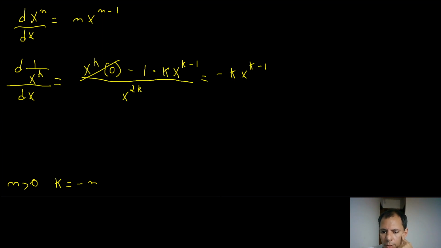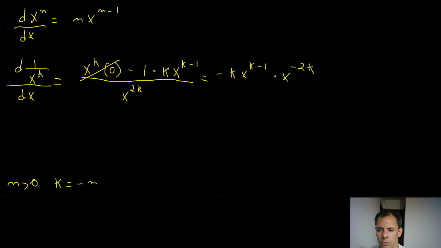Here you got an x and here you got an x, so the bases are the same. What do you have to do? I'm going to put this x to the minus k over here, so it's x to the minus 2k.